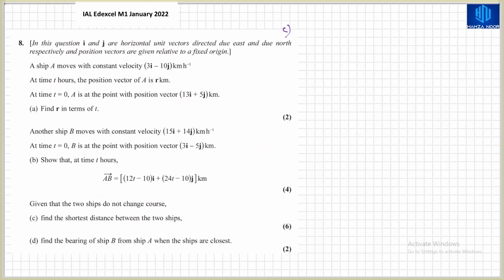All right. So as we know, the distance between these two ships would be the magnitude of the vector AB. So first of all, we are going to find the magnitude of the vector AB in terms of t.